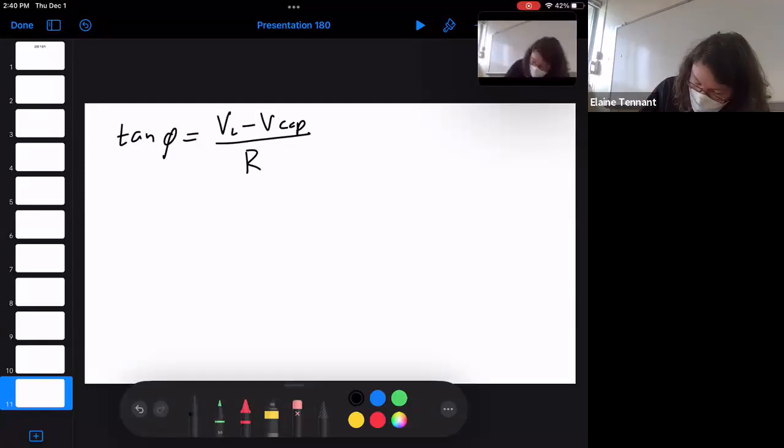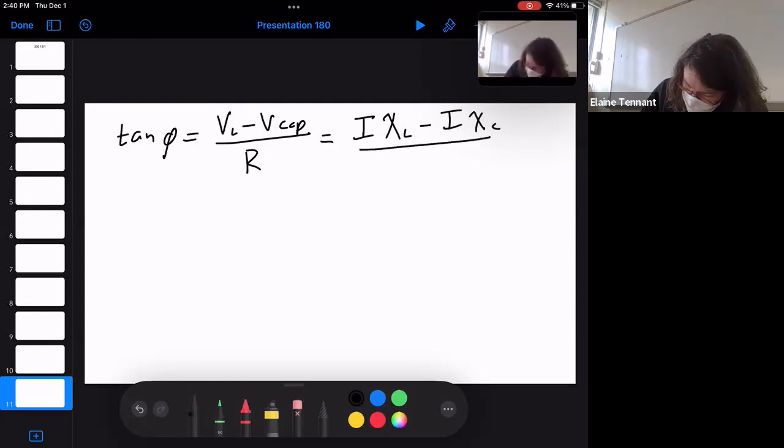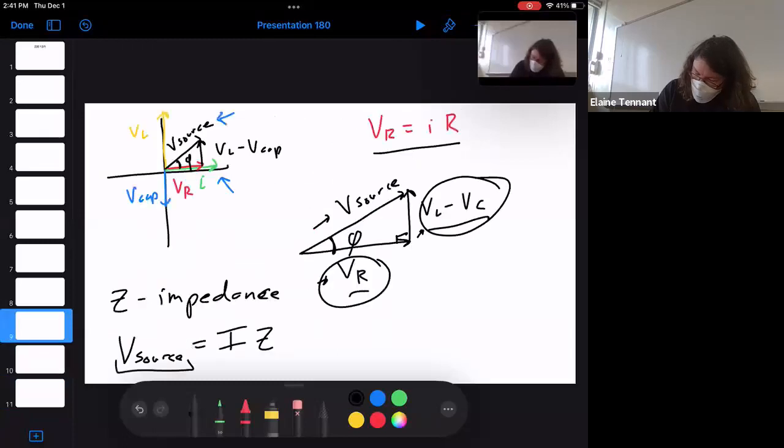And we can simplify this down even more by saying I have a current times chi L minus a current times chi sub C over, this is a voltage, that's not R, that's a voltage, over a current times my resistor. Sorry, I don't know why I didn't have that as a voltage. I have it as the voltage.